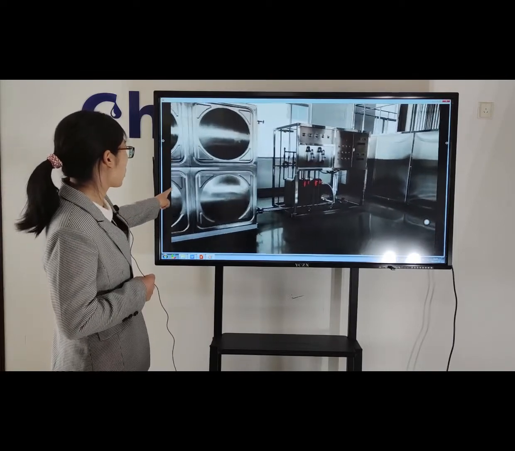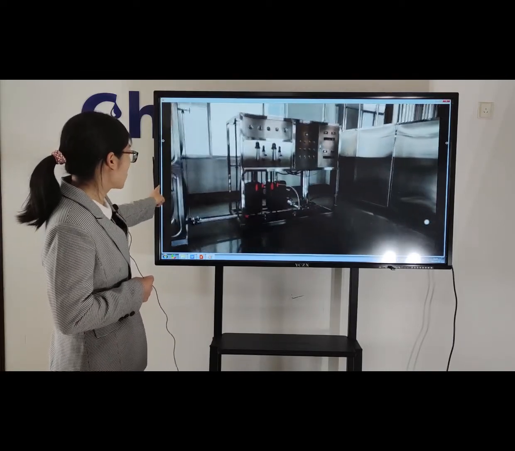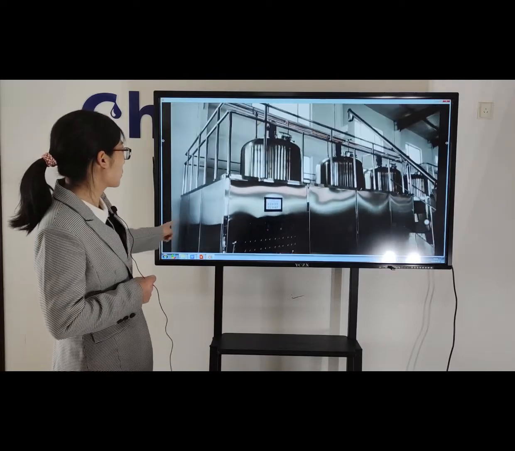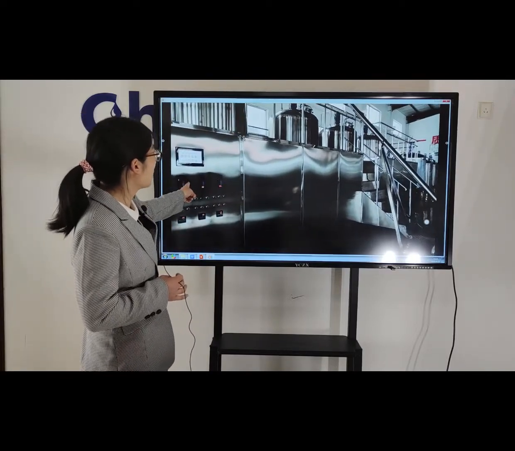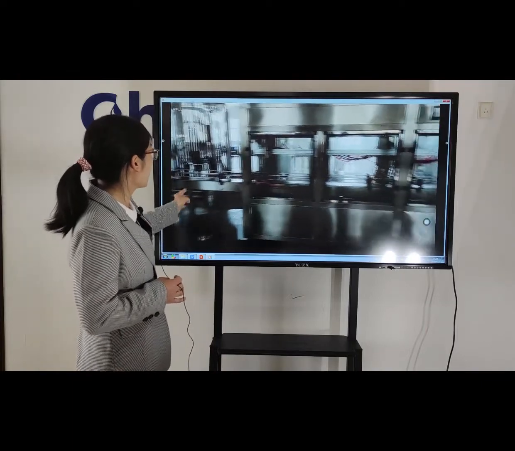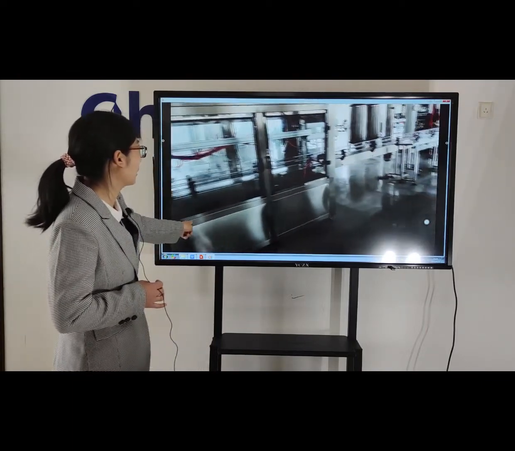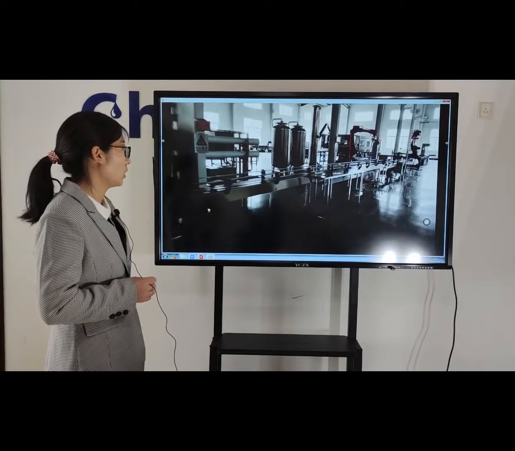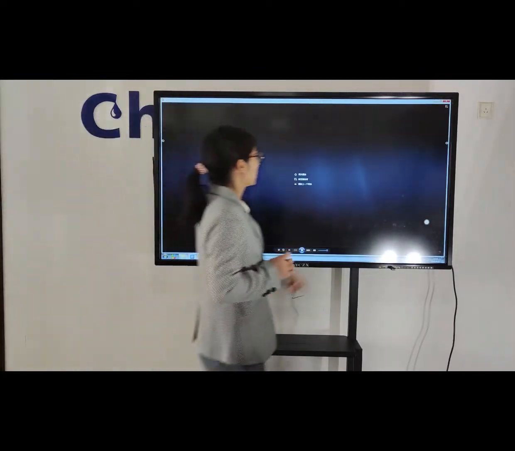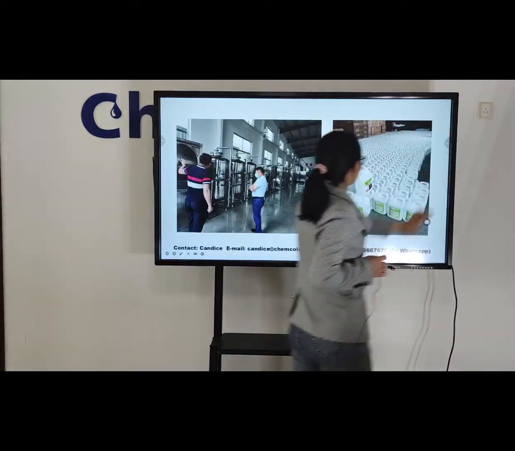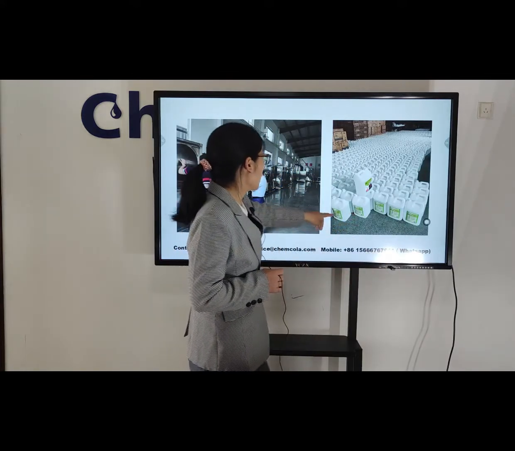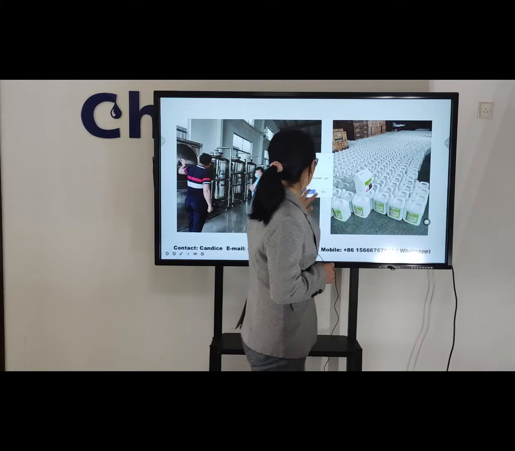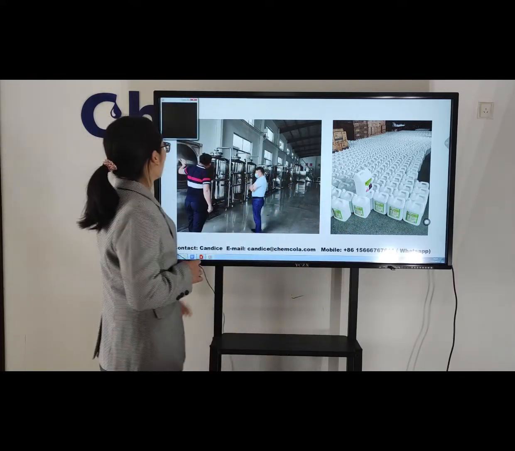This is a storage for the urea solution. Get the solution purified and then that is a packaging line. Pack it into 10 liters or 20 liters. And here is the finished product we produce in 20 liters.